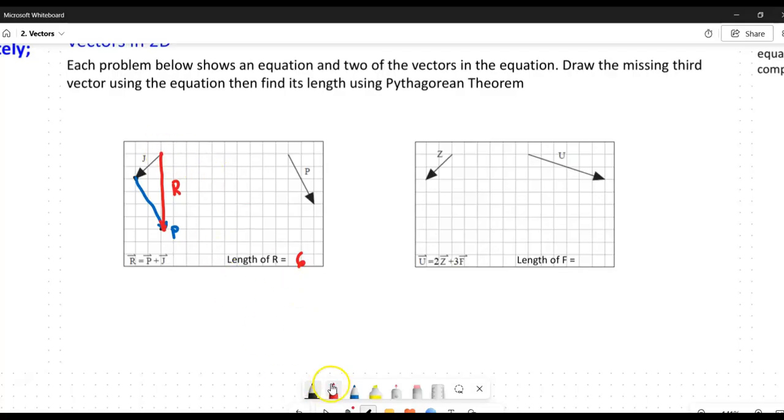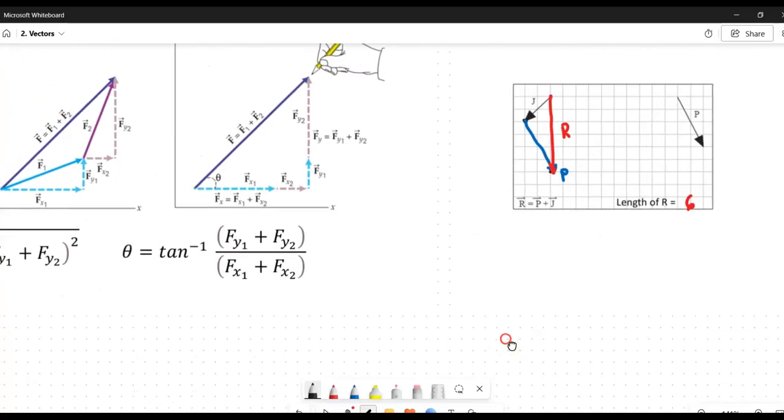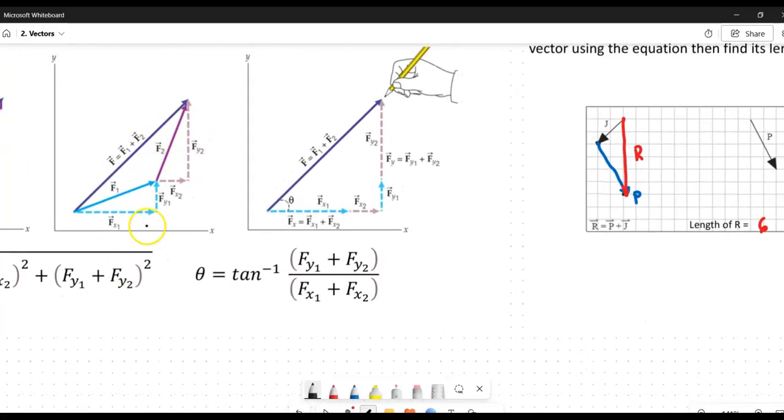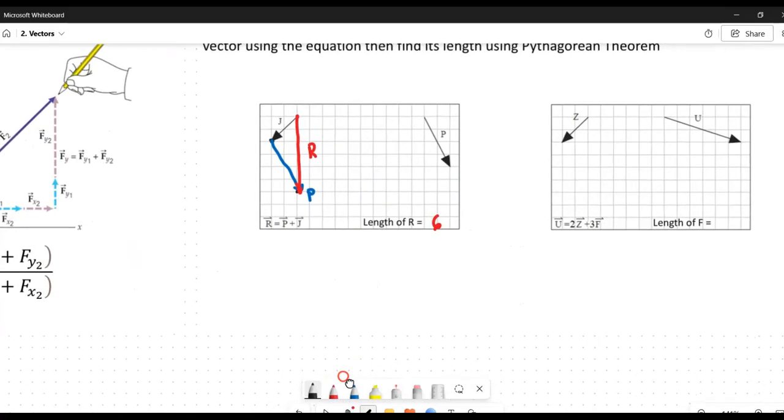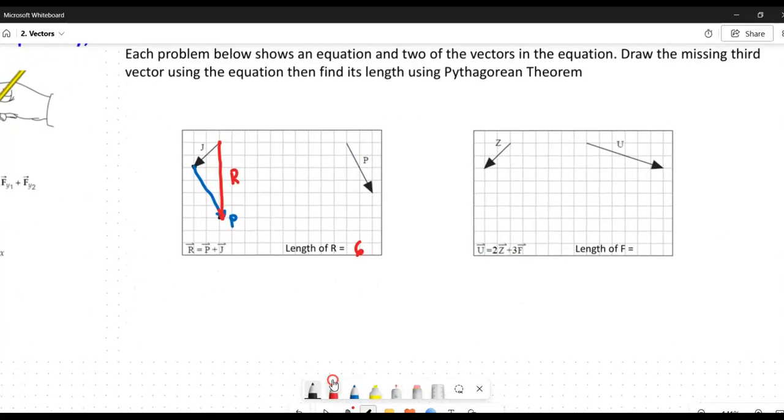Now the problem with some of these problems, like in this case, it doesn't tell you to find out this length right here. It's going to be difficult. But just like in the example that we just looked at, if we take the y and x direction components, which is what you need to do vector addition in this, since we don't know what this length is, we're going to take the y direction component, which is straight down, and add it to the other y component of vector p, which is right here.